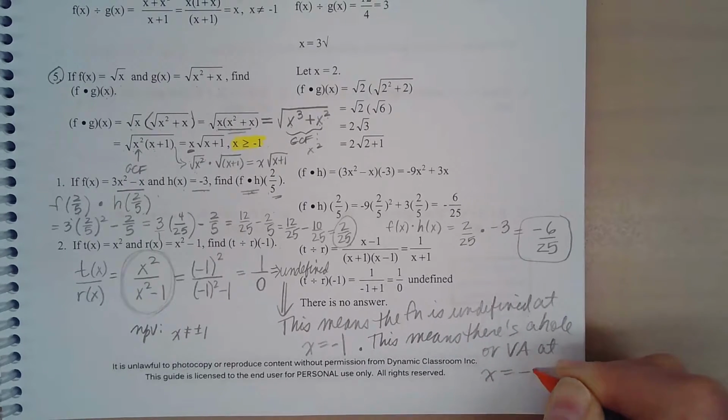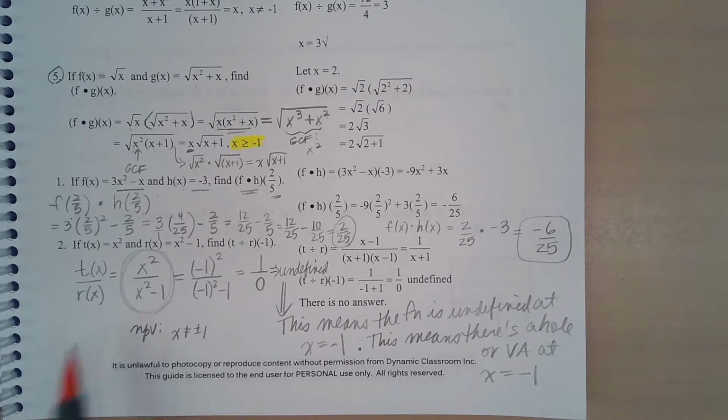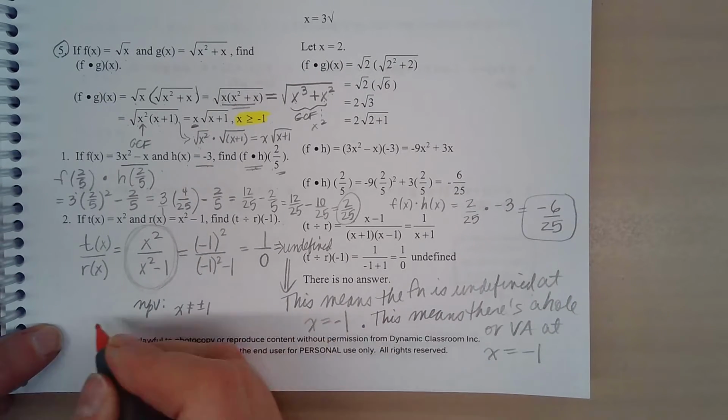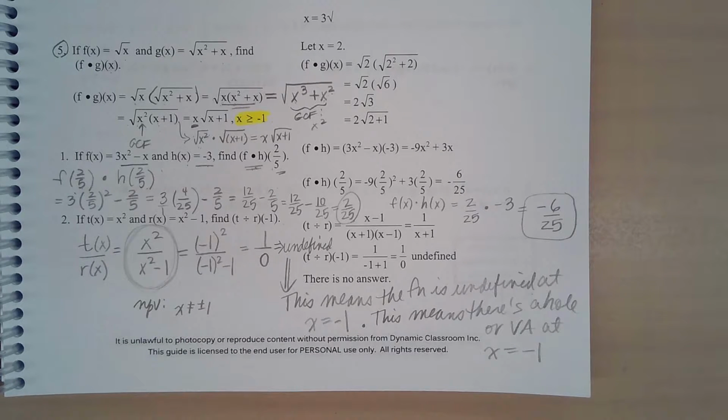It's all kind of coming together, right, in a way? So what would this guy be? Would this be a hole or a vertical asymptote? I think asymptote too, right, D? Yes. Because if we factored it, let's see, if I factor this properly, well, I'll do it on the board. X squared over x squared minus 1, this is what our function is.